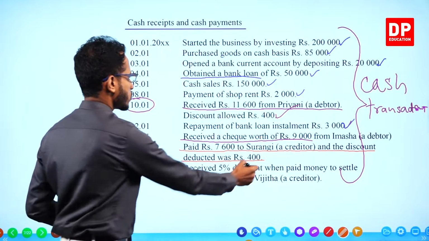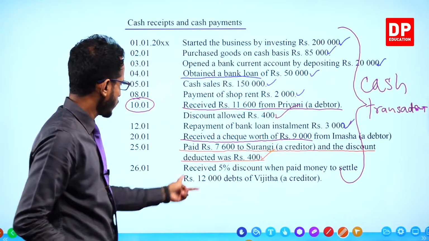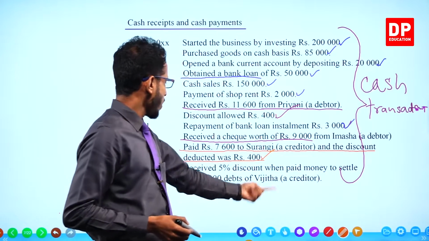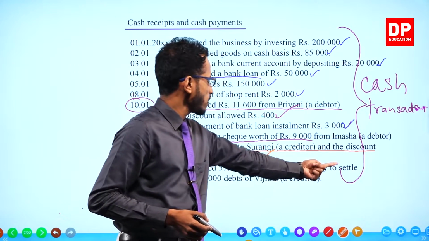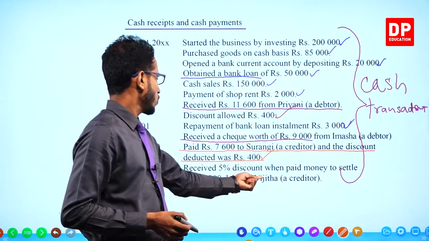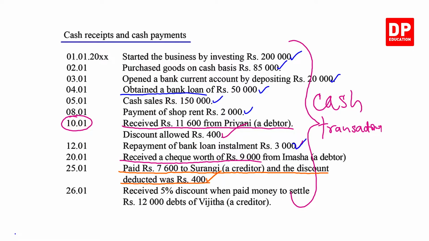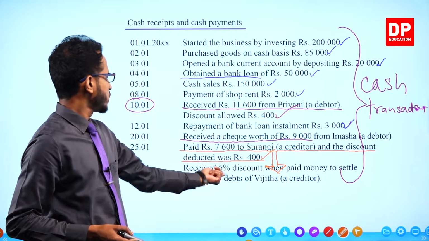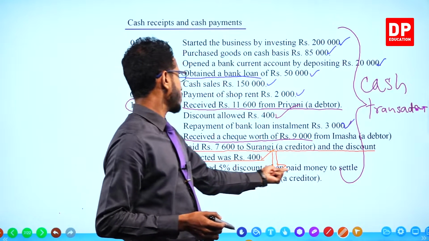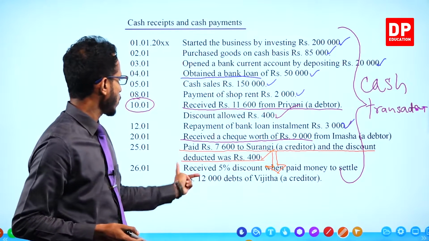What else do we have to do? We have to record this. Received 5% discount when paying money to Vijitha, another creditor, just like Surangi. Received 5% discount when paid money to settle 12,000.